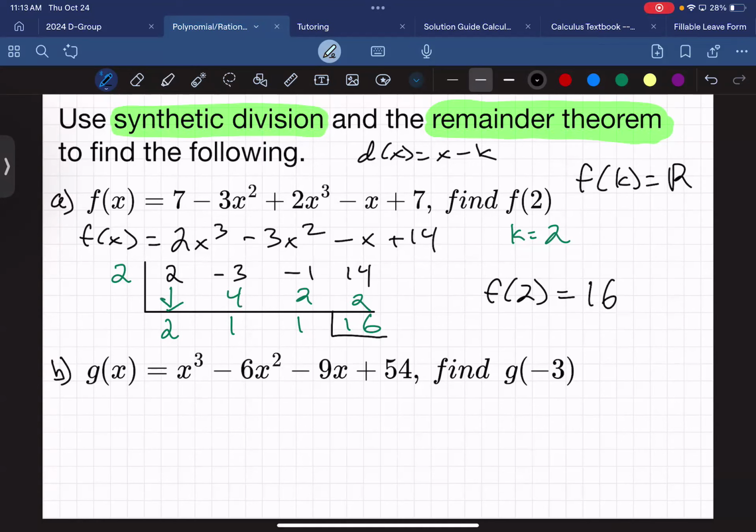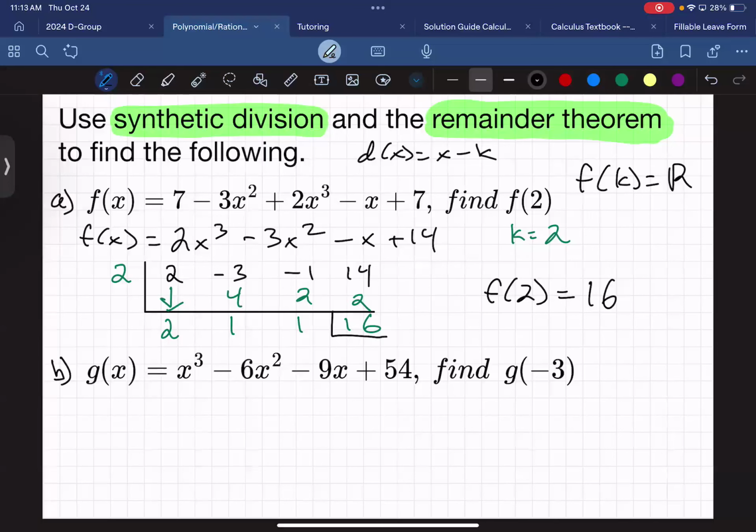In your calculator right now, plug in 2 into f of x and tell me what you get. Plug 2 into that function, you'll get 2 times 8, which is 16.